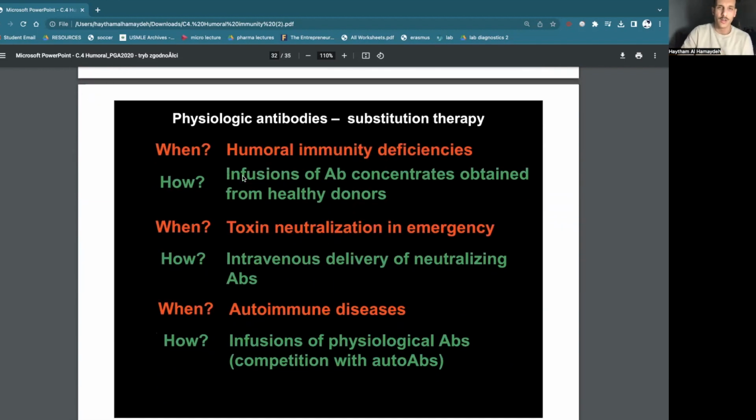Okay, here it basically says, when can we use antibodies as a form of therapy? In case of humoral immunity deficiencies, basically we can't produce antibodies, so we just infuse antibodies, okay?